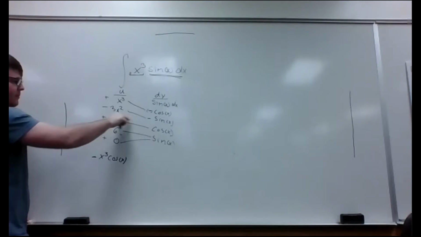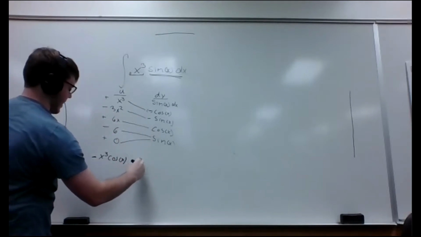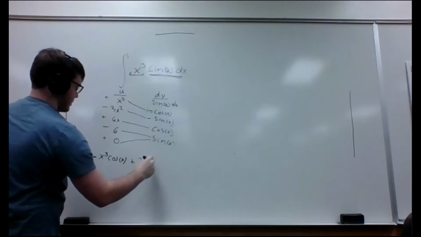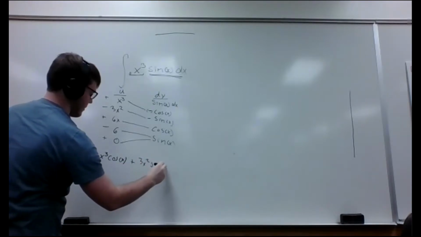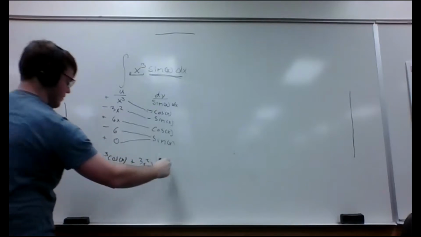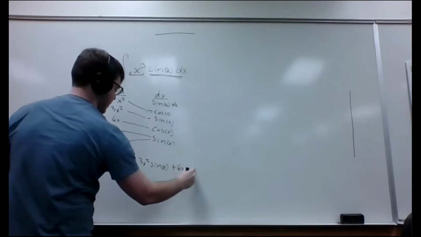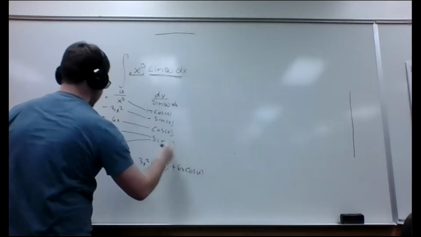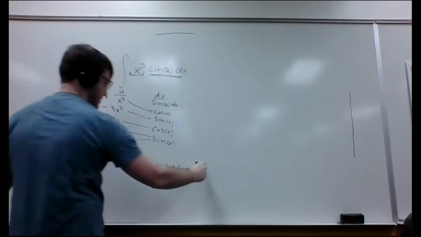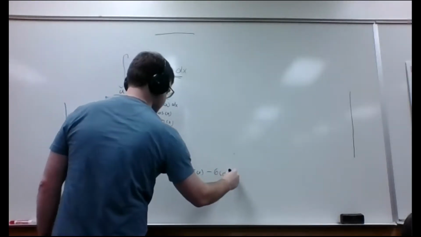And then our next term, we're going to have two negatives. So it's going to be plus 3x squared sine x. And then our next term is going to be positive, plus 6x cosine x. And then it's going to be minus 6 cosine x.